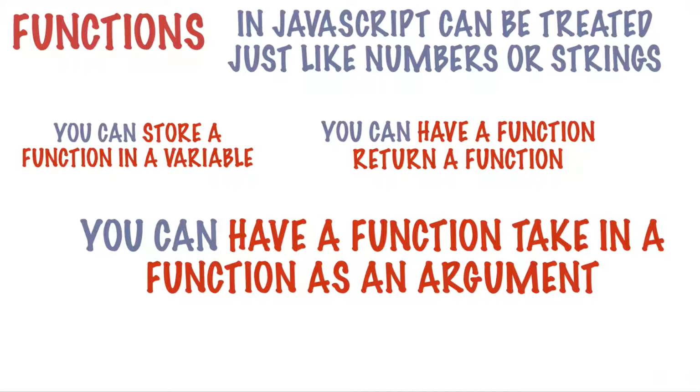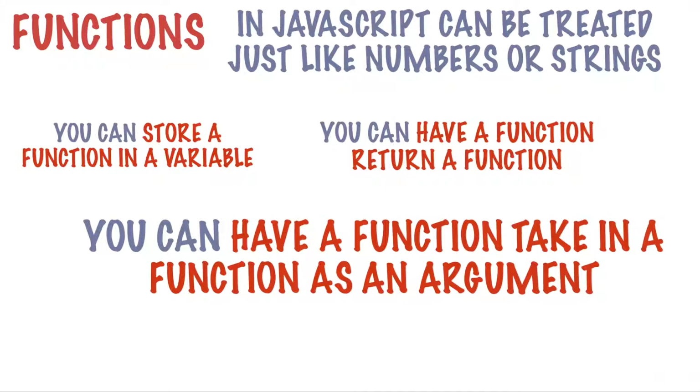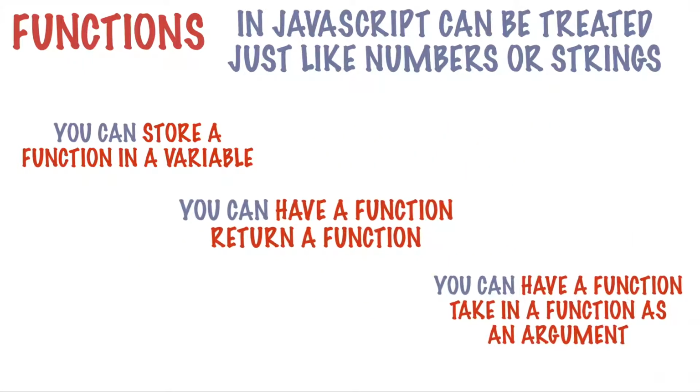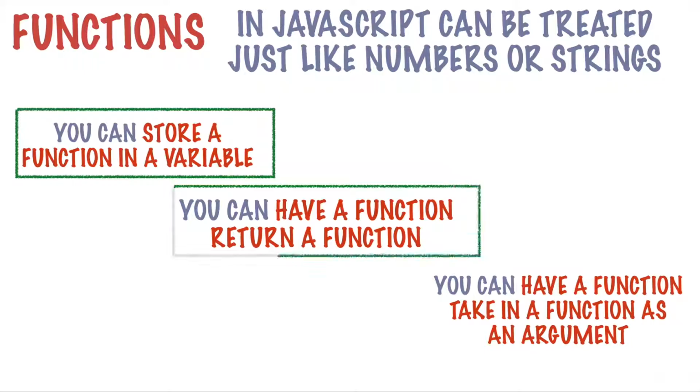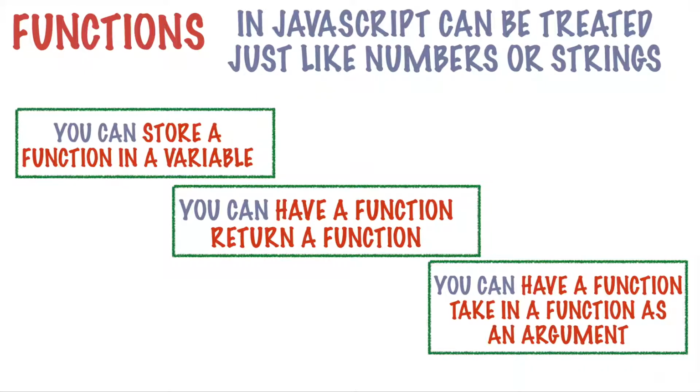These 3 points put together basically mean that functions are first-class citizens along with strings, numbers, objects, and booleans in JavaScript. Storing a function in a variable, the ability to have a function return another function as a return type, or have a function take in another function as an input argument.